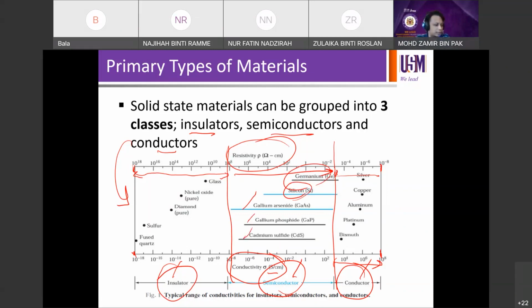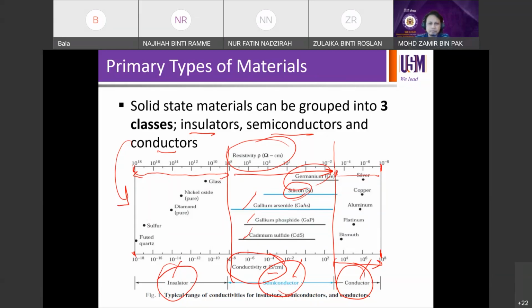Can you give other examples of semiconductors, whether they are elementary or binary or ternary or quaternary? Anyone? Can you give any examples of semiconductor materials? Perhaps those that you are working on at this point in your FYP, or some other materials that you know belong to the semiconductor group.